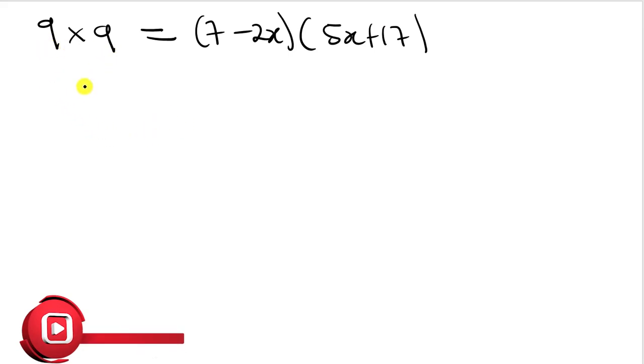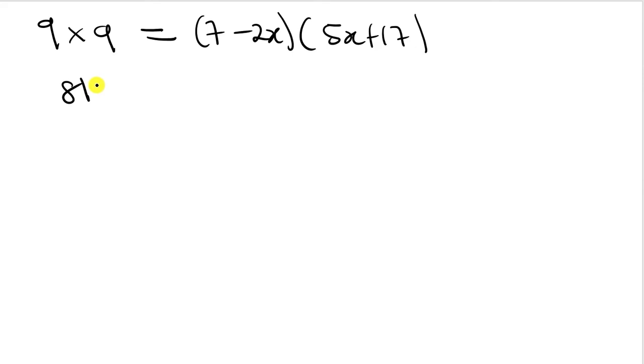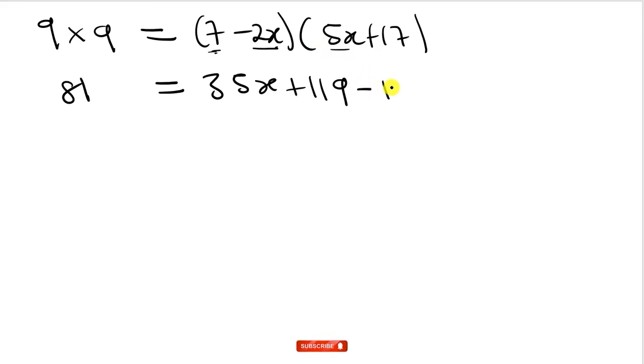The 9 times 9 gives us 81, being equal to, we expand this. The 7 multiplies 5x, and that gives us 35x. The same 7 multiplies the 17, and that gives us positive 119. The negative 2x multiplies the 5x, and that gives us minus 10x squared. And then the negative 2x multiplies the positive 17, and that gives us minus 34x.